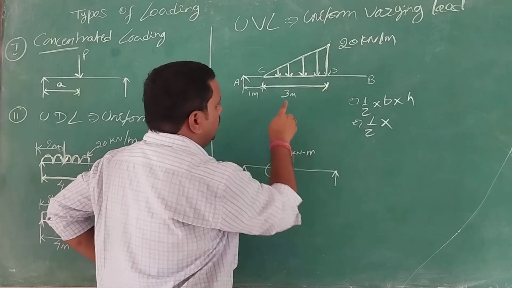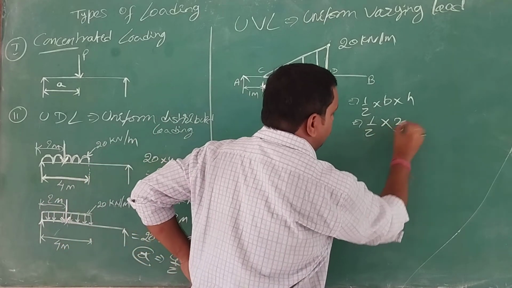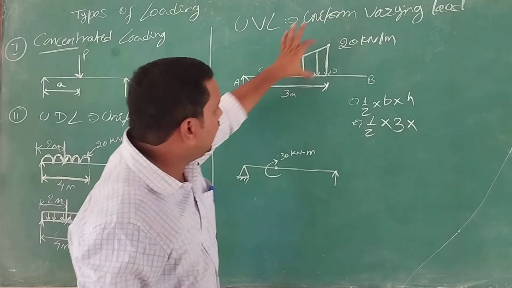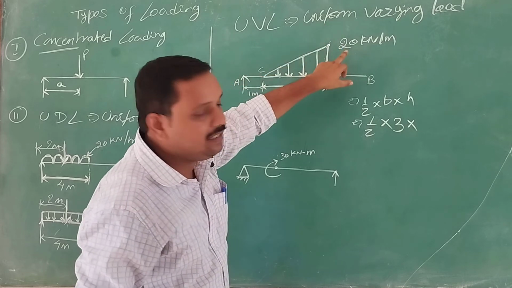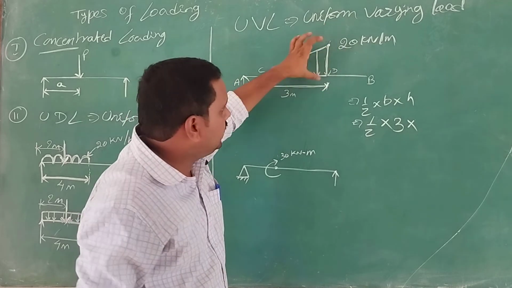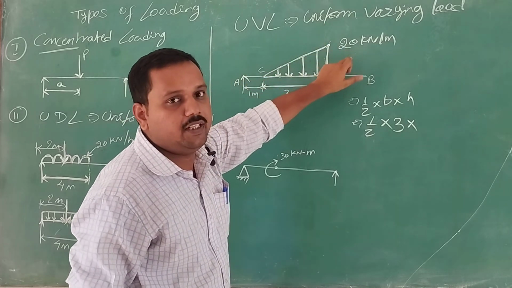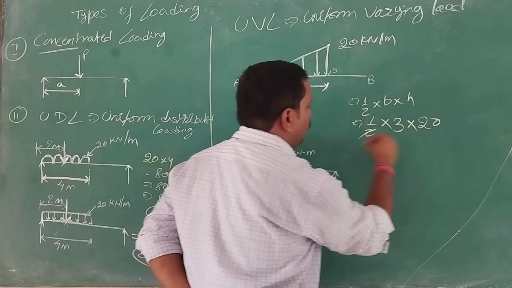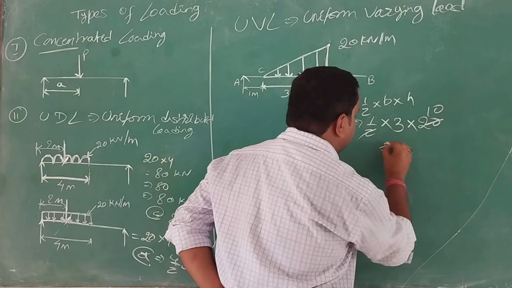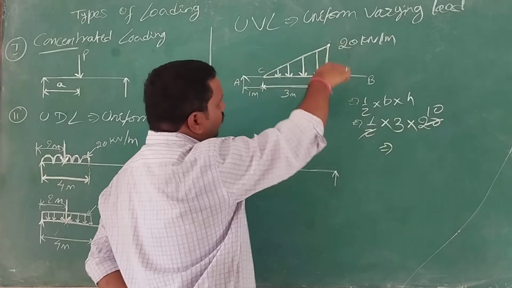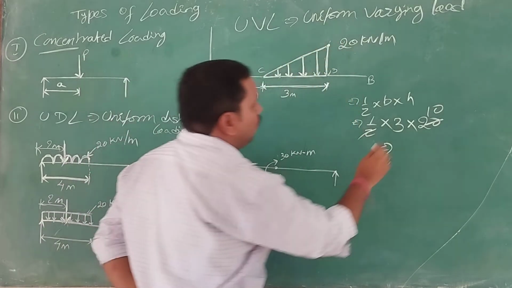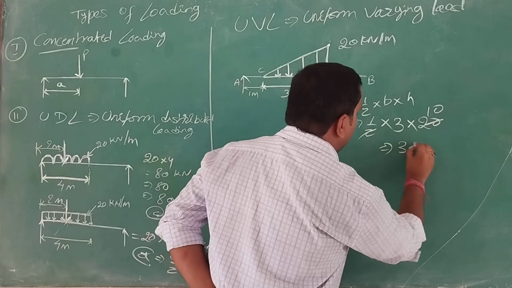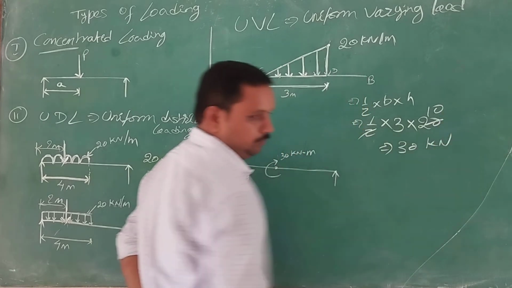From here to here, it's 3 meter. So half into 3, and the height is nothing but the intensity given, that is 20. So 2 ones are 2, 2 tens are 20... so the total of this UVL, or uniform varying load, will be 30 kilonewton.